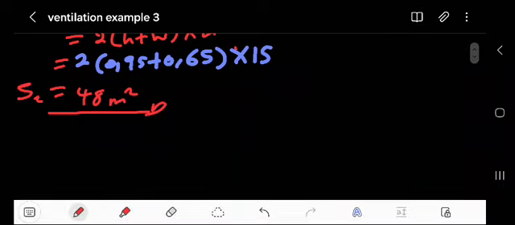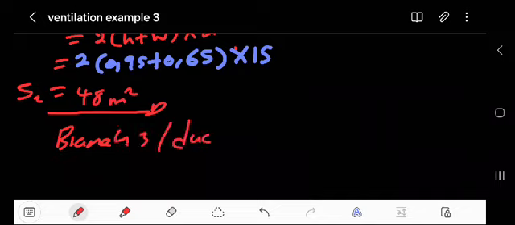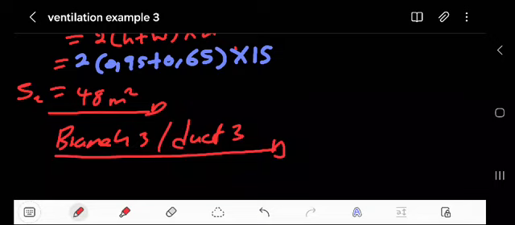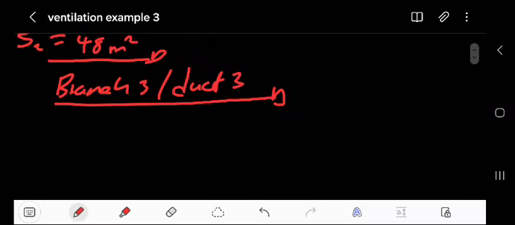Then remember we have 3 branches, so let me say duct 3. Then I'll say area 3, which is height multiplied by width.